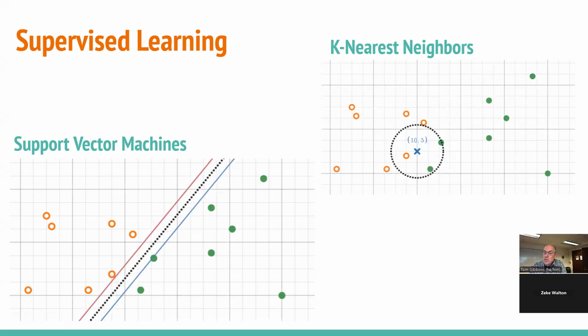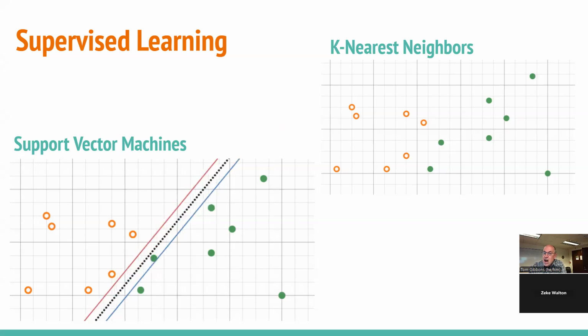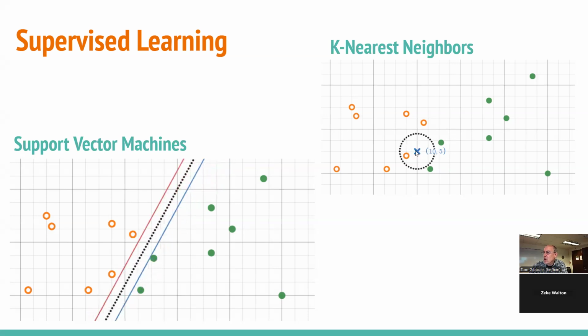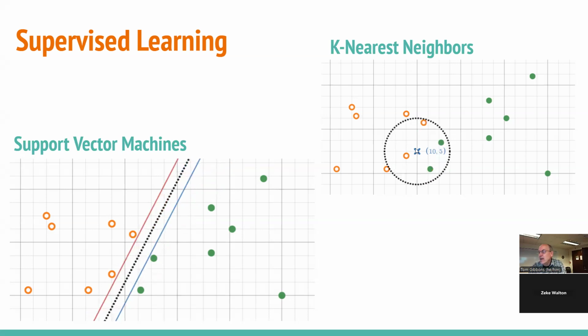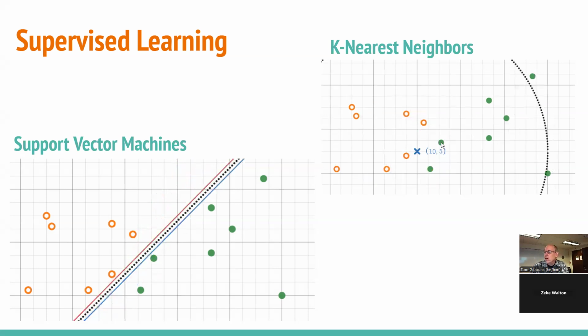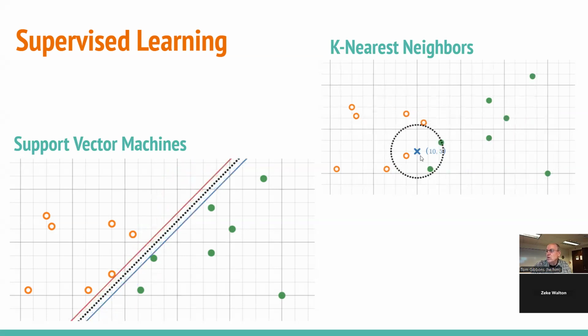They're looking at a bunch of labeled data, and once you have all that labeled data, you create some sort of model. Then when a new data element like this new spot comes up, we can say, should this be an orange or a green? Maybe the oranges are malignant tumors and the greens are benign tumors in this multidimensional space, or maybe it's something else.